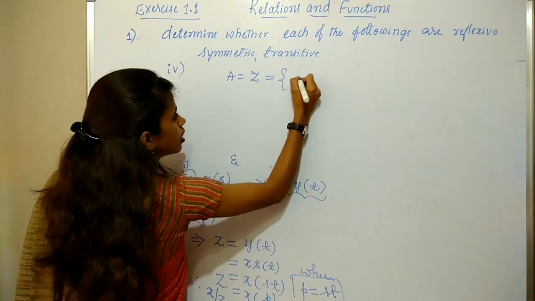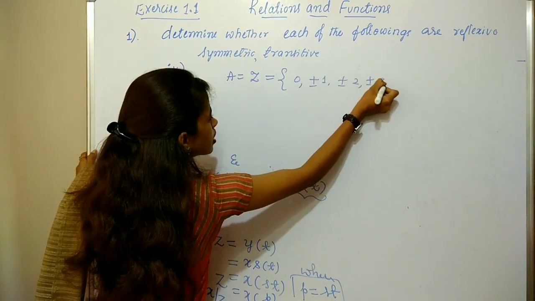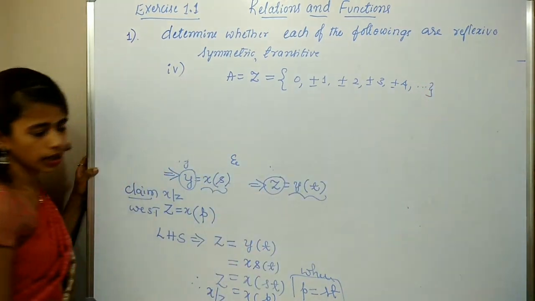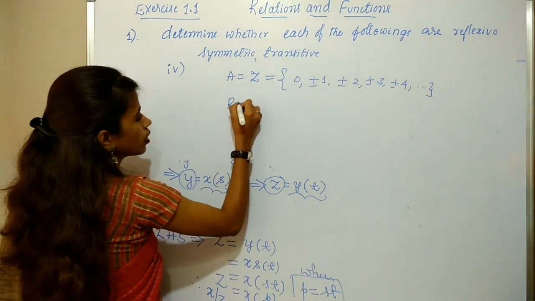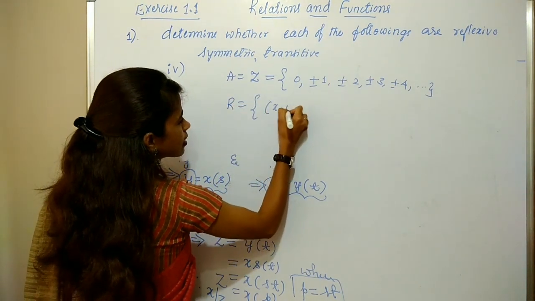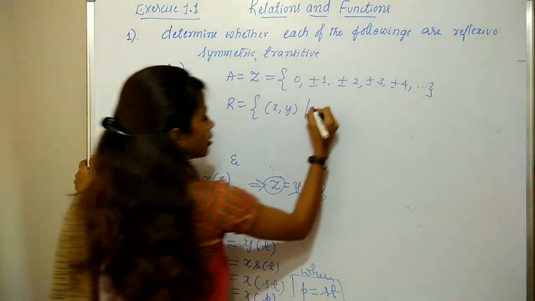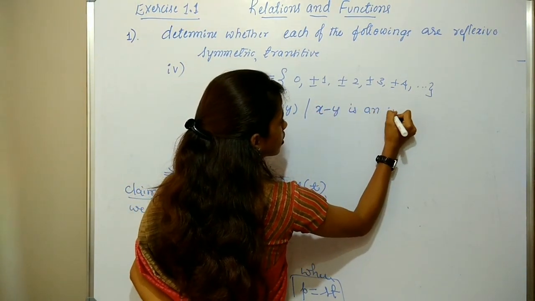Integers means 0, plus or minus 1, plus or minus 2, plus or minus 3, plus or minus 4, and so on. So the relation here is R equal to the set of all (x, y) such that x minus y is an integer.